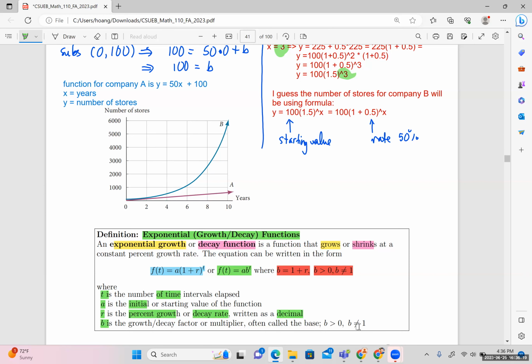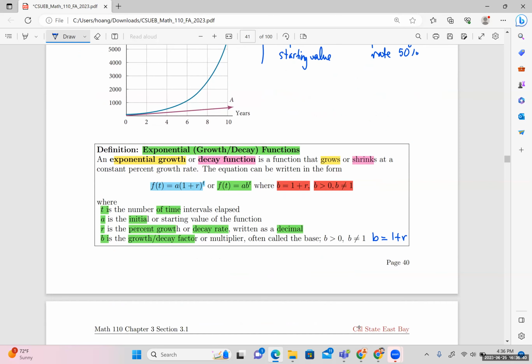B will be the growth or decay factor. And keep in mind that B is equal to 1 plus R. If you have R, you can find B, or conversely, you can find R will be equal to B minus 1, right?